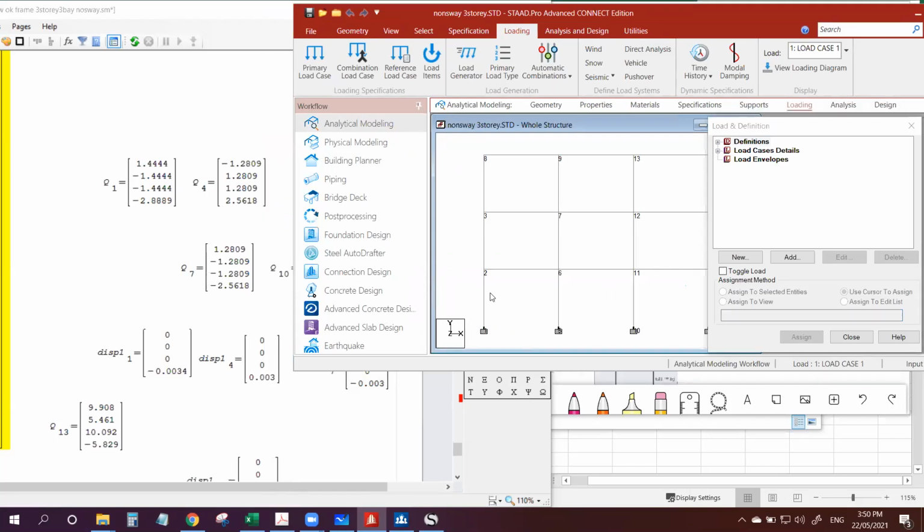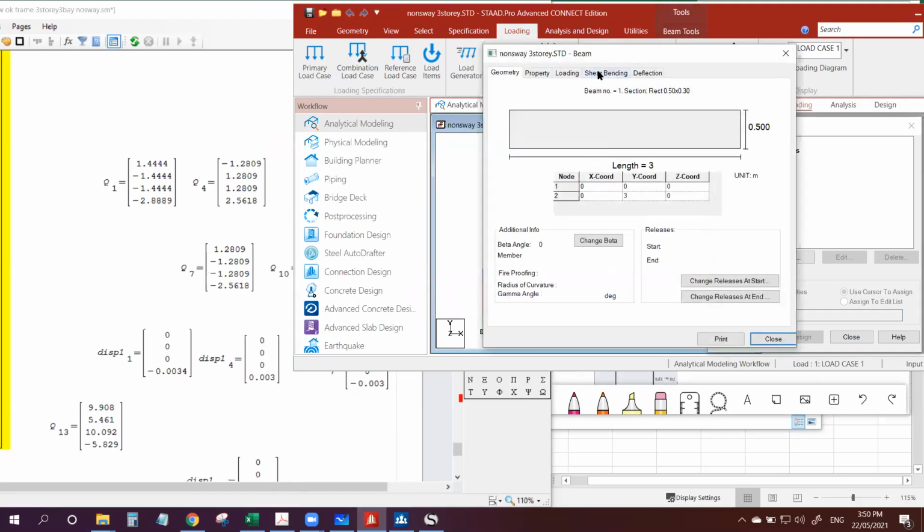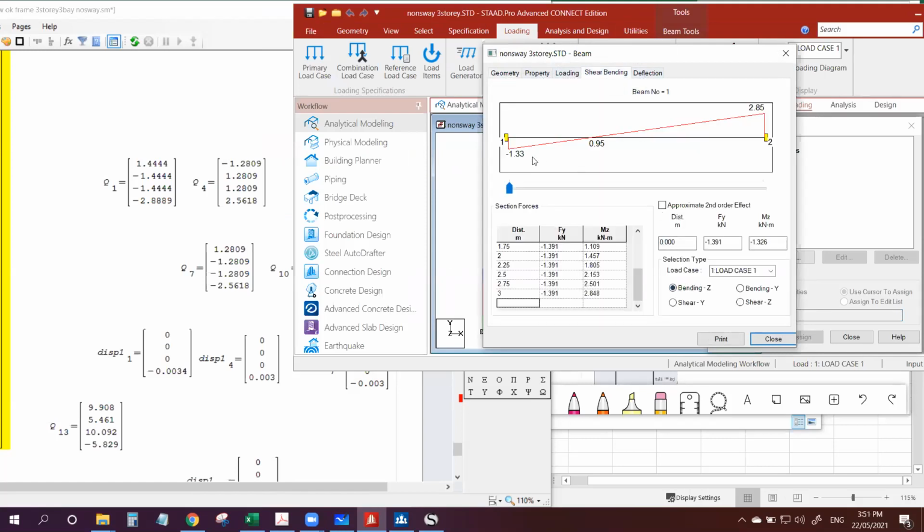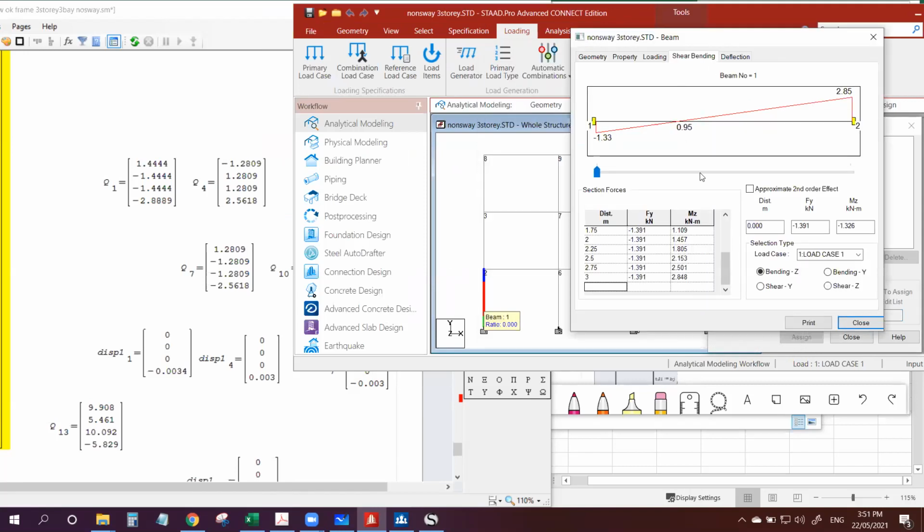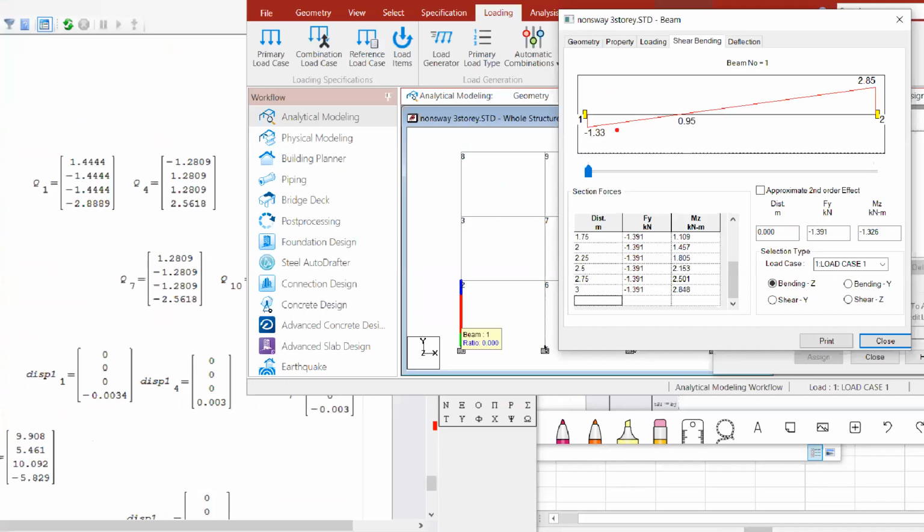1.33, 2.85. Okay. 1.33. So 1.44. Sorry, this should be the, so we're on bending, no? 2.85. And this is the shear, 1.44. Okay.